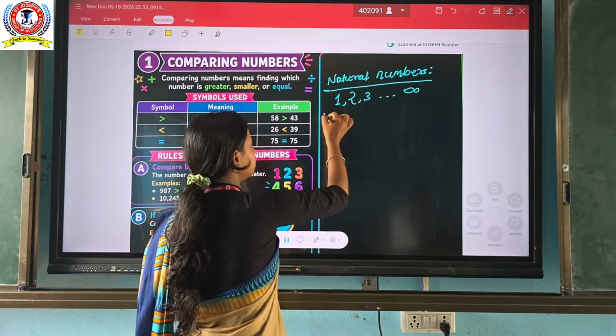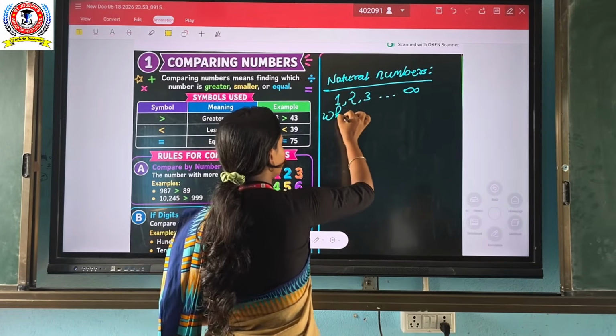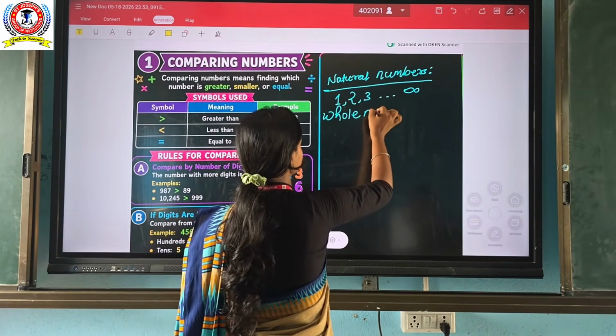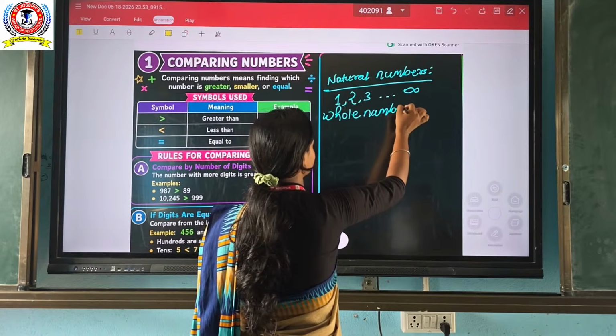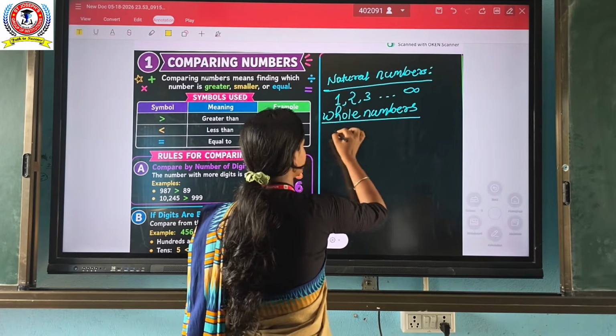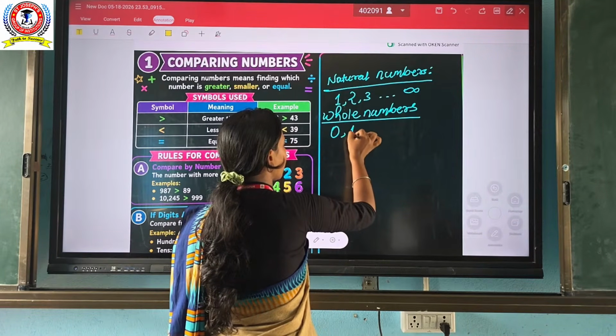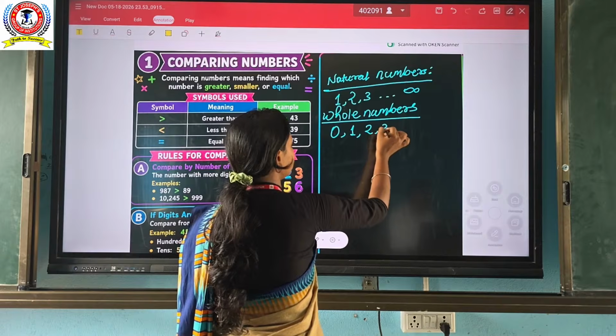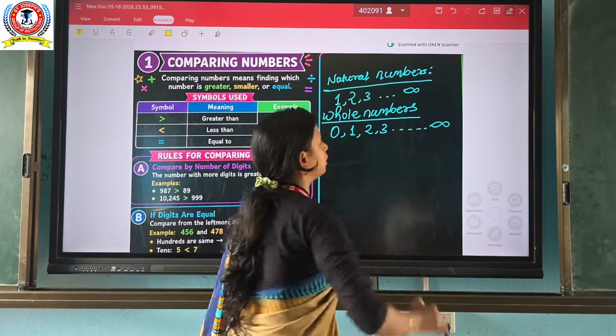Then we have learned about whole numbers, that start from 0, 1, 2, 3 until up to infinity.